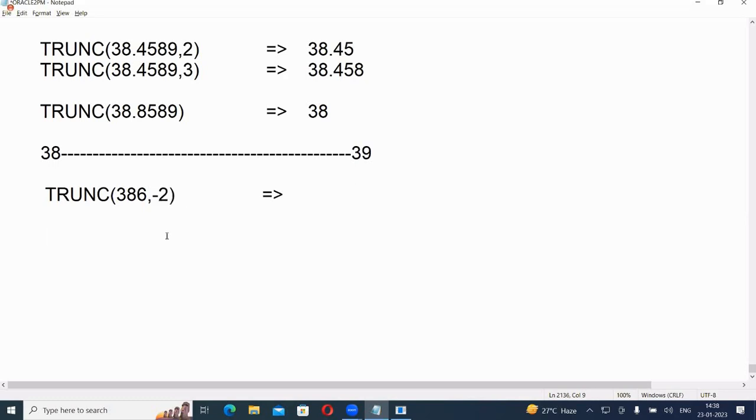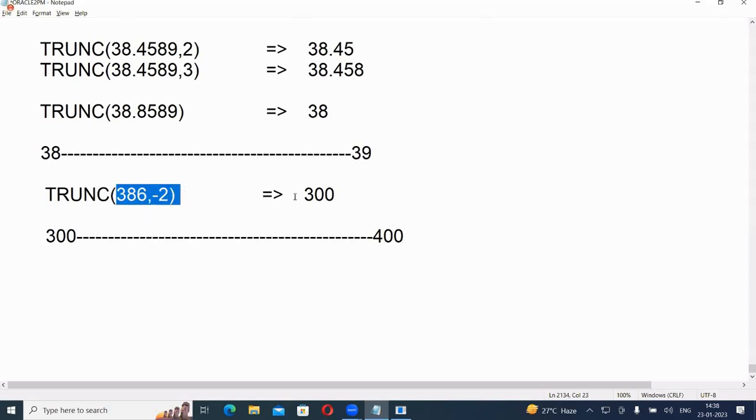This number is between the range 300 to 400. In 300 to 400, what is the lowest? 300. So it is rounded to 300. 386, minus 2, rounded to 300.